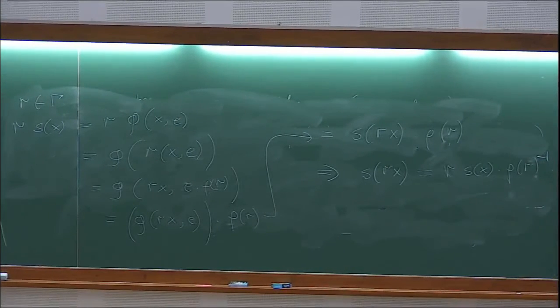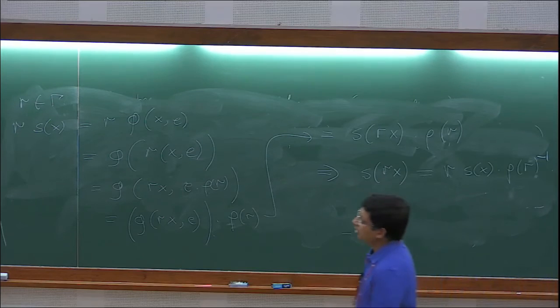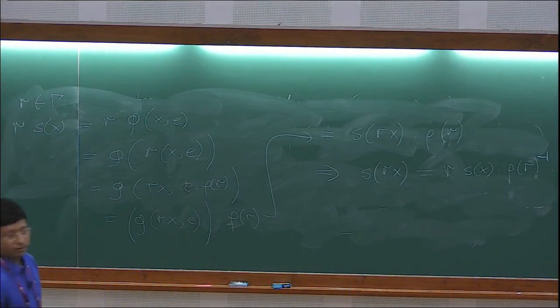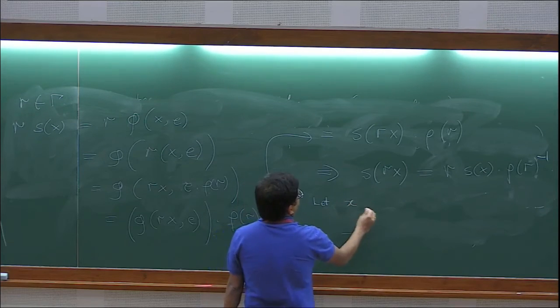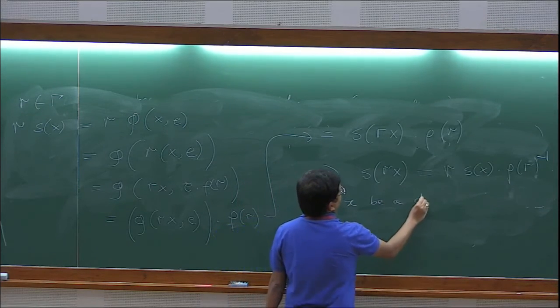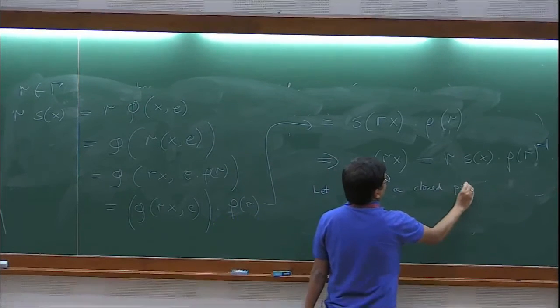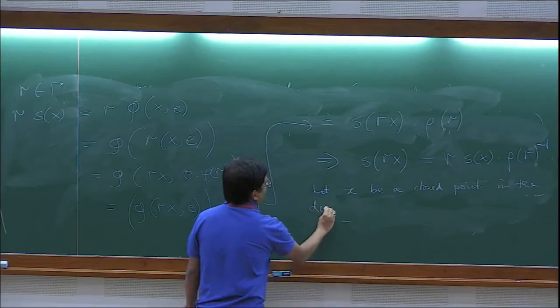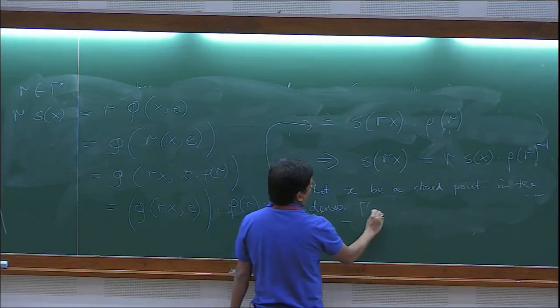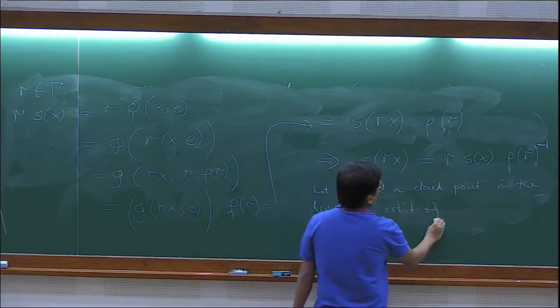Now you choose x to be a point in, because we're saying gamma has a dense orbit in X, you choose a closed point in the dense orbit. Okay, so let x be a closed point in the dense gamma orbit of X.